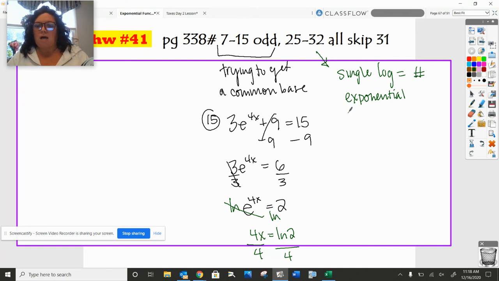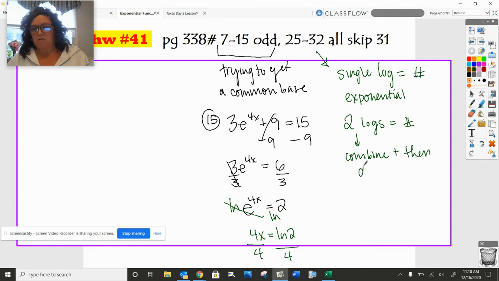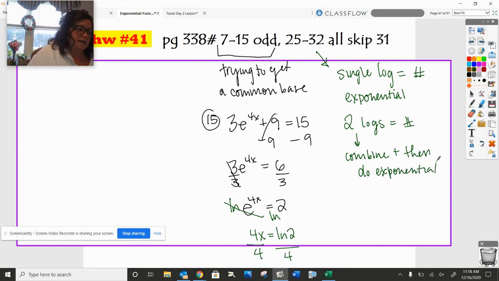If it's 2 logs equals a number, you're going to combine these and then solve, and then do an exponential. So it's really just one more step today. It's a continuation of our lesson today, which is Wednesday.